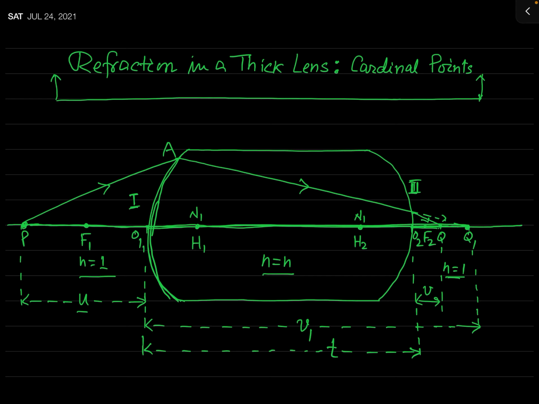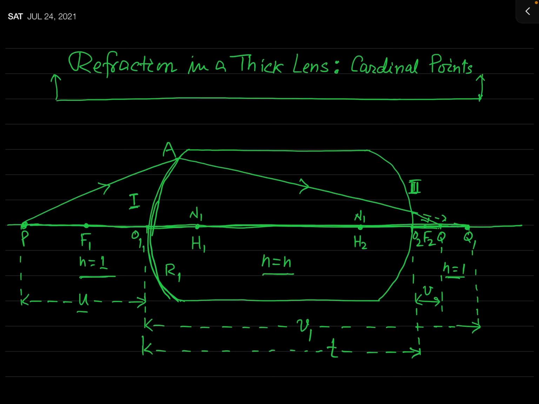We can consider that the radius of curvature for this first surface is r1, and Q1 is the image, and its distance will be O1Q1 from the first surface. The medium where your object is situated is called the first medium. So in this case n1 will be equal to 1 and n2 will be equal to n.